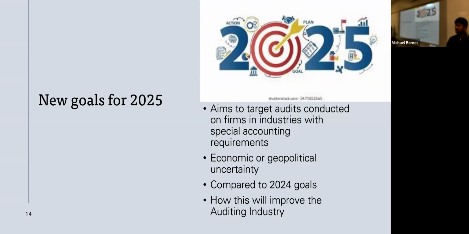This is a little bit different compared to the 2024 main goal, which was more focused on internal auditing and on reliability and building trust and accuracy from the auditors. This new goal aims to focus more broadly on firms that may not get audited as consistently or as reliably because of these factors of uncertainty.